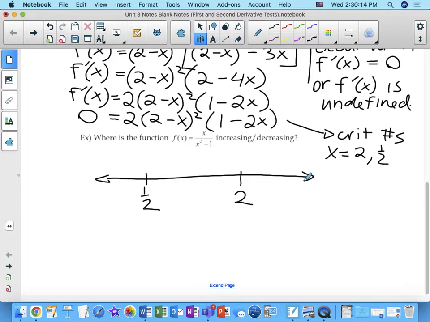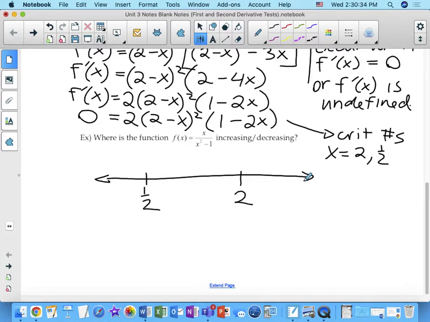It will only change signs between intervals. Right? So it could change as it goes from one side of a half to the other side, or from one side of 2 to the other side of 2. But it's not going to happen anywhere else on the number line.